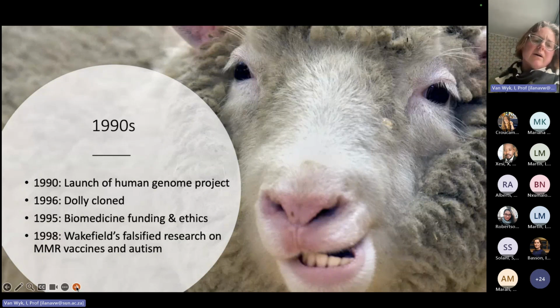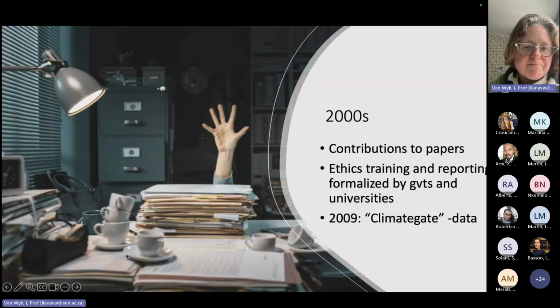So the question around falsified research, up to this point, had to do with personal integrity. But in 1998, we started seeing that this idea of personal integrity also very fundamentally had an impact on public health and had massive consequences.